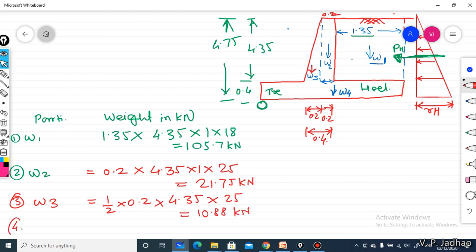And the fourth resisting force which is acting is W4. W4 is the weight of this particular base slab, this hatched portion.